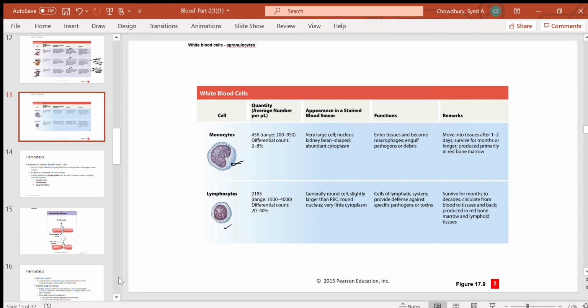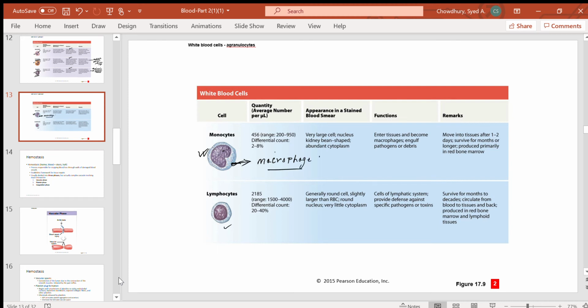Another piece of information here is about the monocytes. Monocytes are the largest in size, right? And have a kidney-shaped or bean-shaped nucleus. Monocytes can get out of the blood and enter into the tissue and be converted to tissue macrophages.